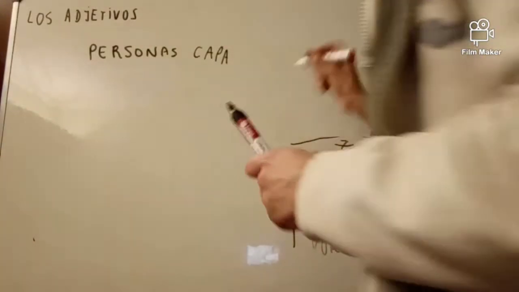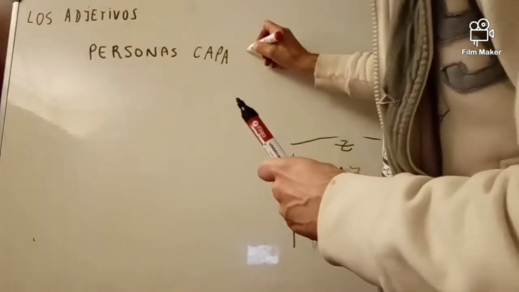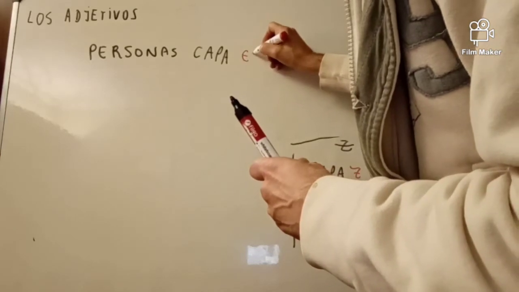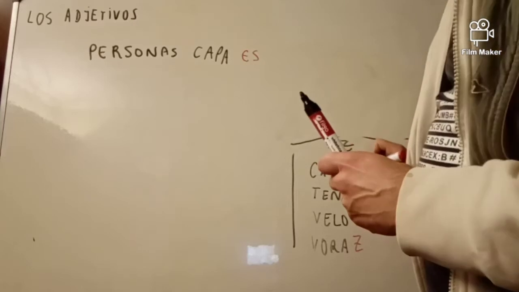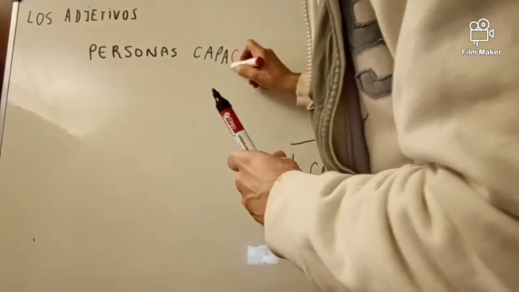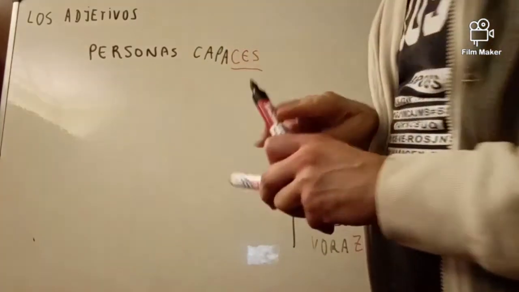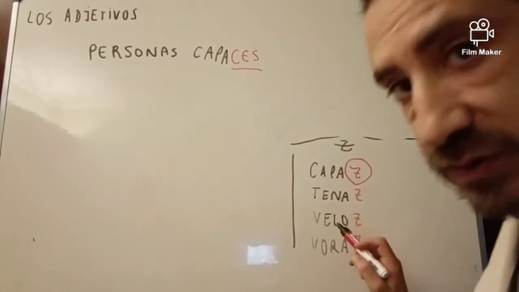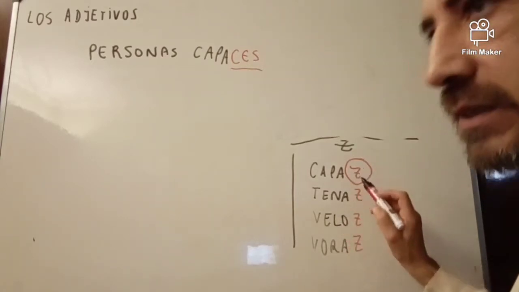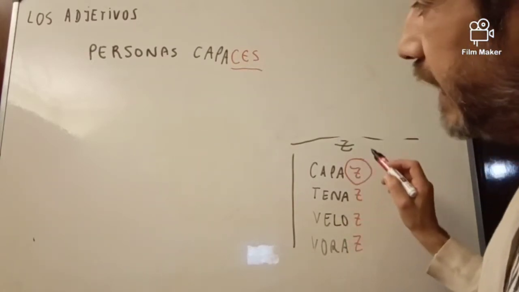Not only do we have to add the es, but turn this Z into a C. This is the rule; I don't make the rules, and all the words, nouns too, ending in Z turn into C in the plural.